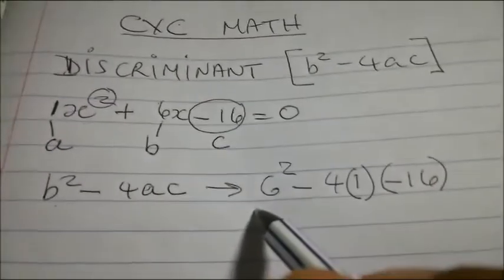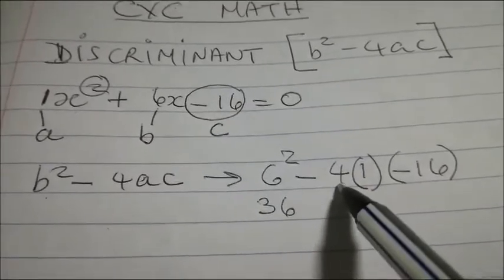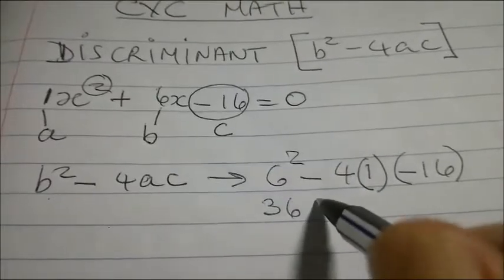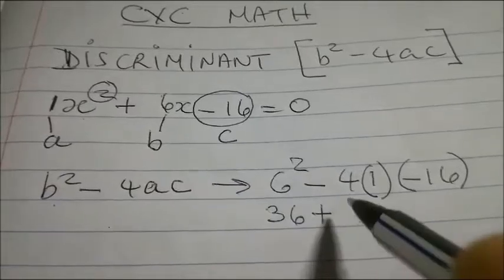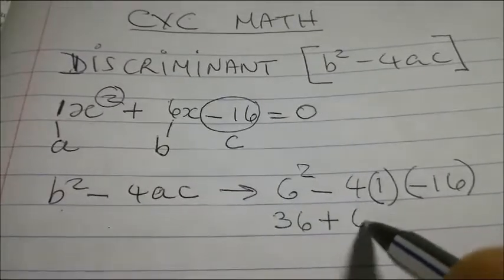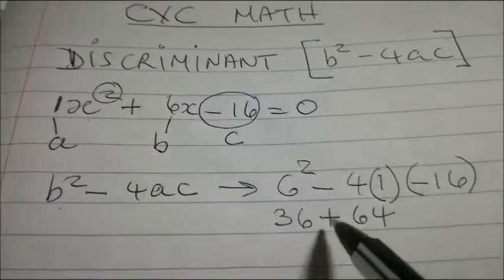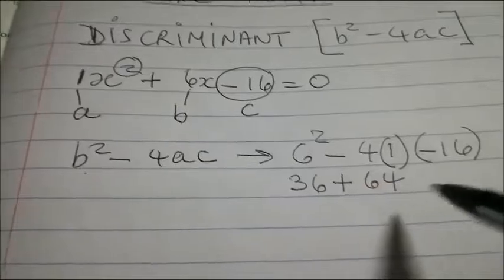This is going to be 36, 6 times 6 is 36. Now, when you multiply a minus 4 by a minus 16, you're going to get a positive answer, and that is going to be 64. When 2 minuses face each other when you're multiplying, you get a positive response. So this is going to lead to 100.